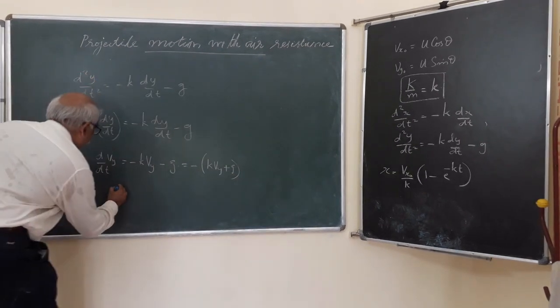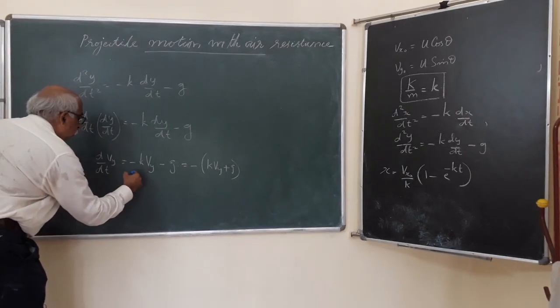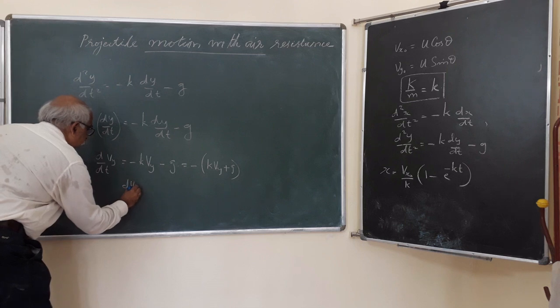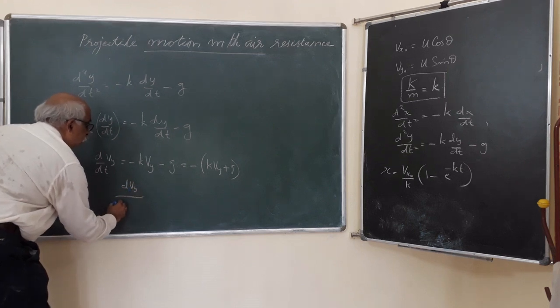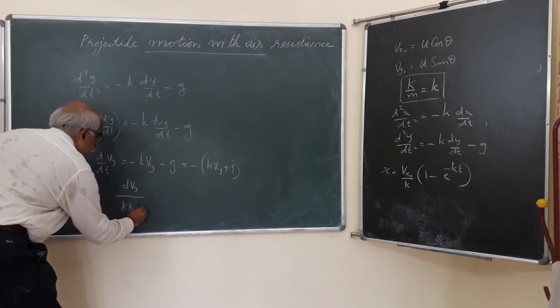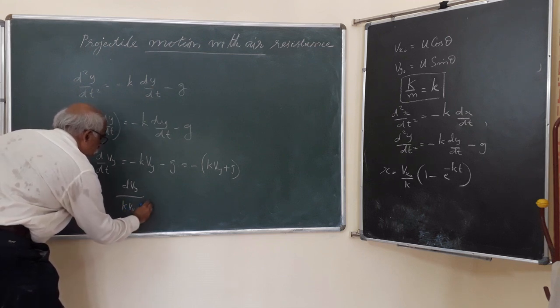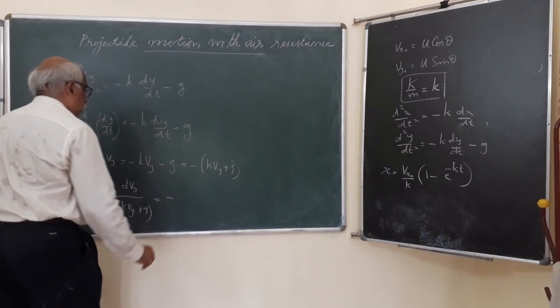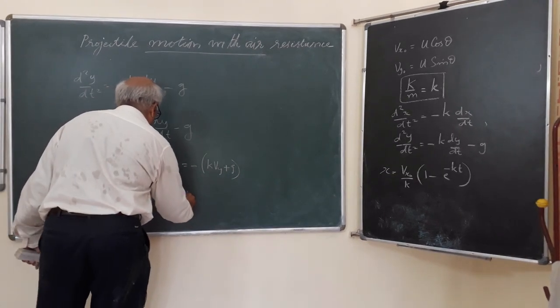Integrating, we can solve this by the variable separation method. dVy divided by kVy plus g is equal to minus dt.